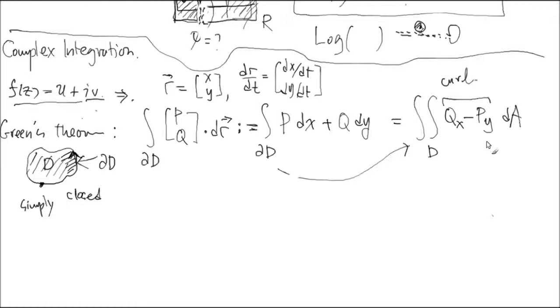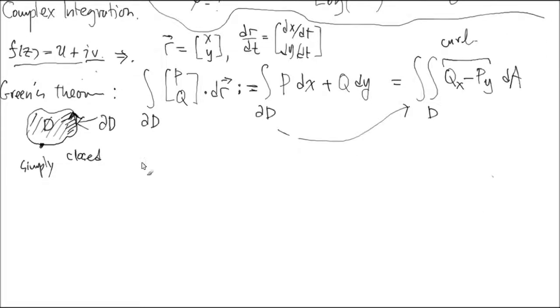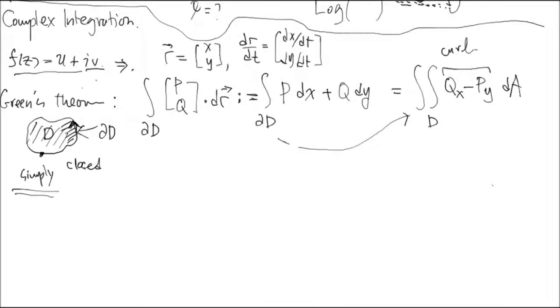Any connection that comes to your mind? Right now it's Green's theorem, there's no complex, and here's the connection that we're making. You're going to discover this one yourself. Q_x minus P_y, and I have the real part of the complex number and the imaginary part of the complex number. What comes to your mind?